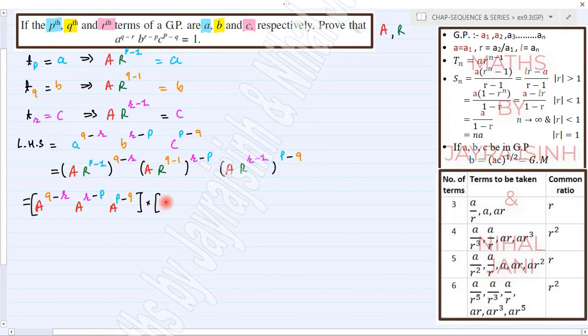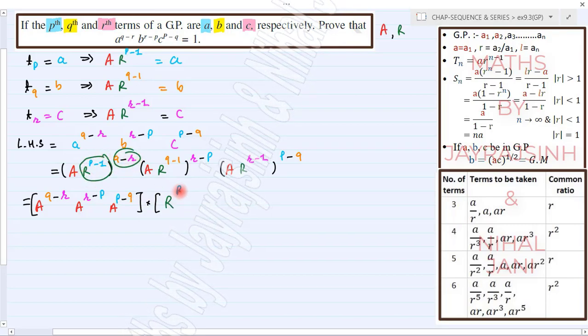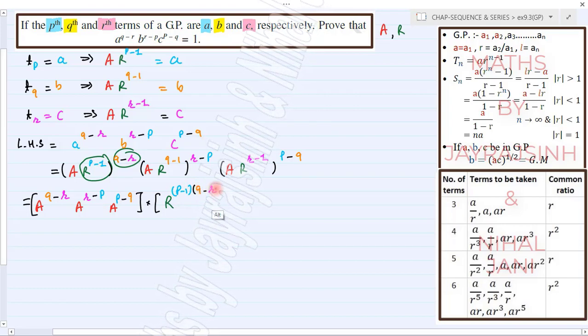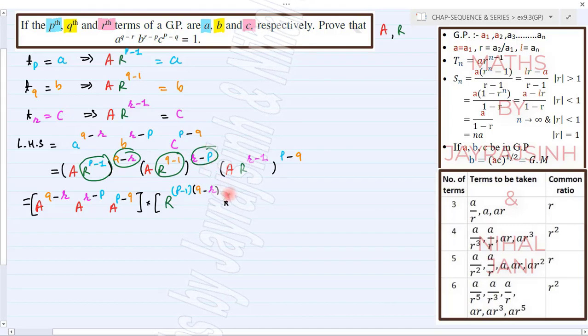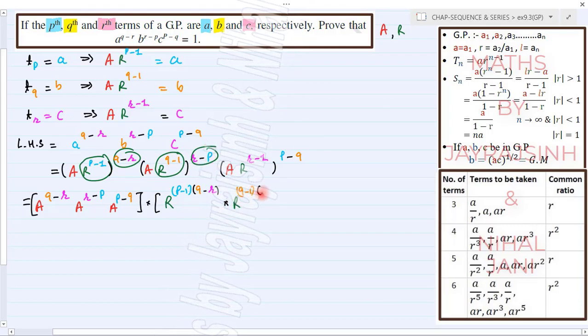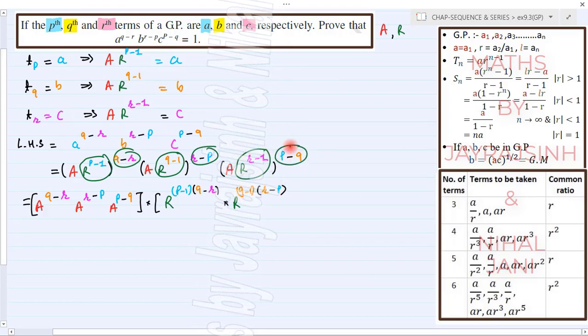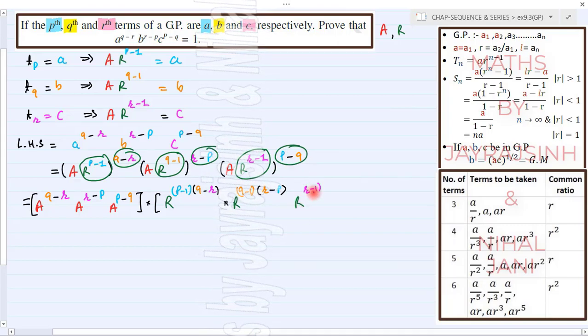Now, let's collect the terms of R. In the first bracket, we have R raised to p minus 1 into q minus r. Then, in the second bracket, we have R raised to q minus 1 into r minus p. And in the third bracket, we have R raised to r minus 1 into p minus q.